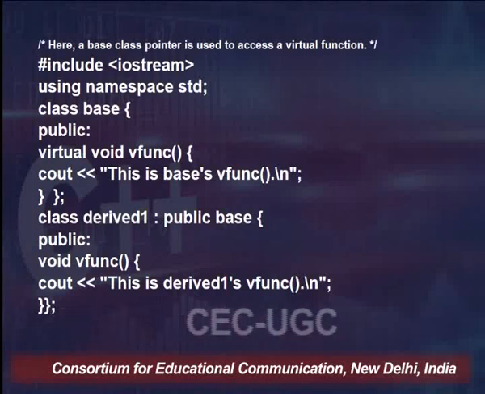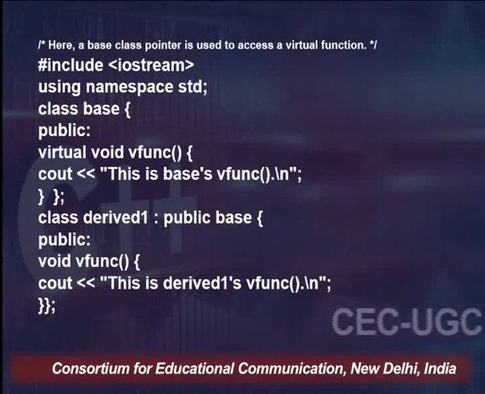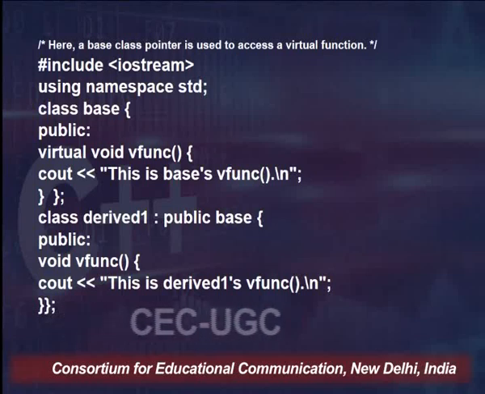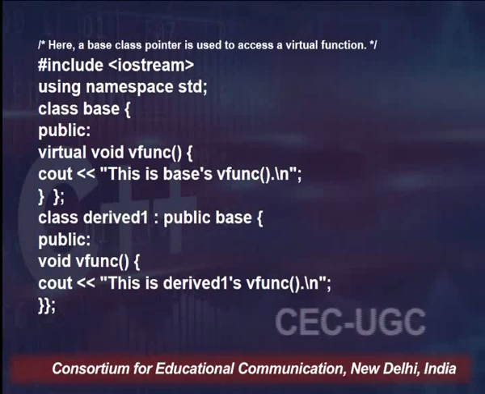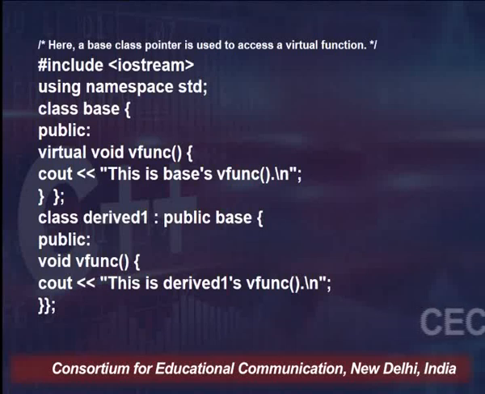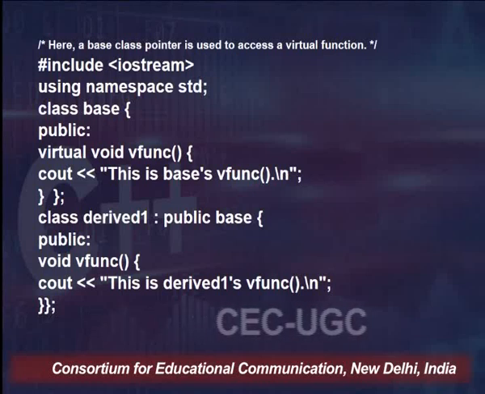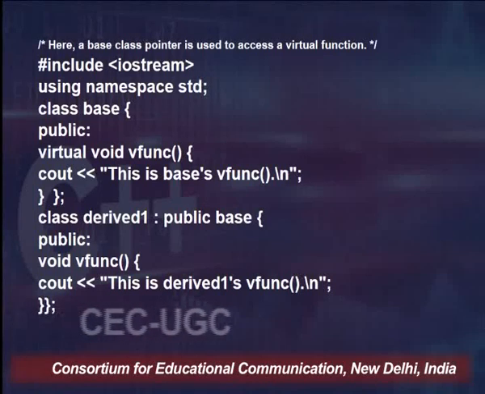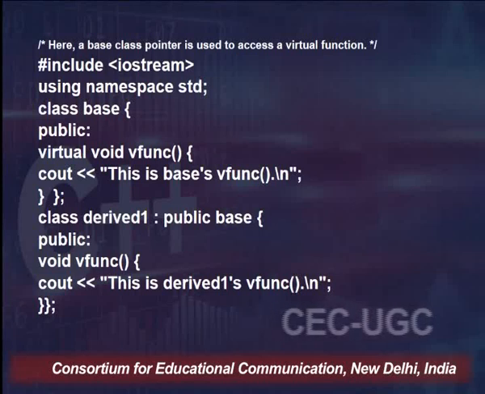We need not precede the function with the keyword virtual. This is to be done only in the base class, and it indicates to the system that this function is virtual. Whenever the base class is inherited by the derived classes, they give their own implementation or definition for this vfunc.